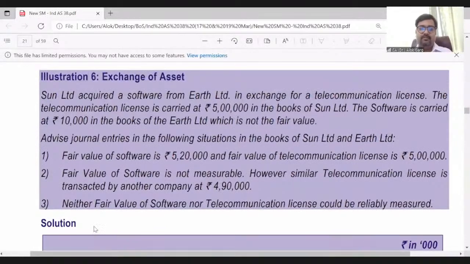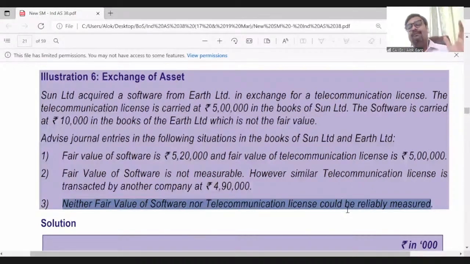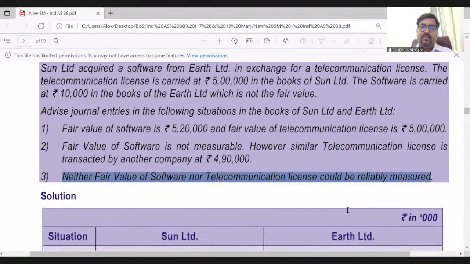Third example. Neither the fair value of software nor of the telecom license could be reliably reached. The fair value of the telecom license, the asset surrendered, is not there. Then we have to see the fair value of the asset acquired. Even if the fair value of the asset acquired is also not there, then what to do? In that case, we have the last resort, which is the carrying value of the asset surrendered, which is coming in the books of accounts.